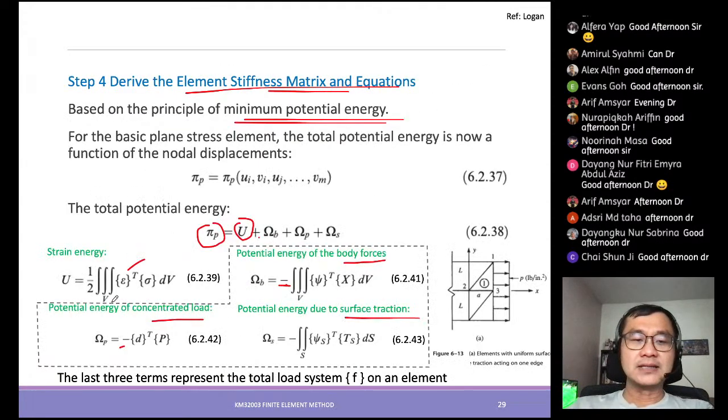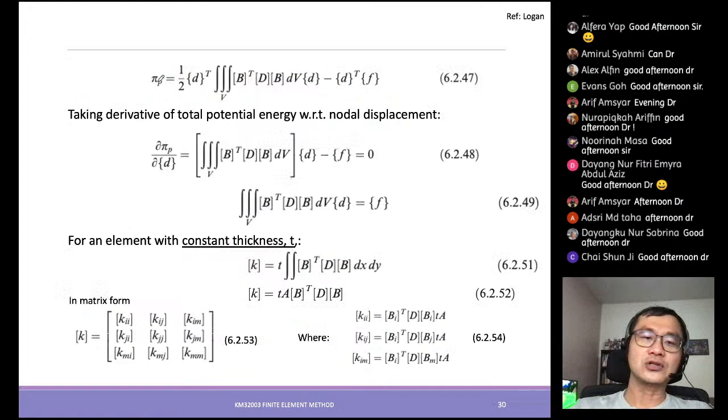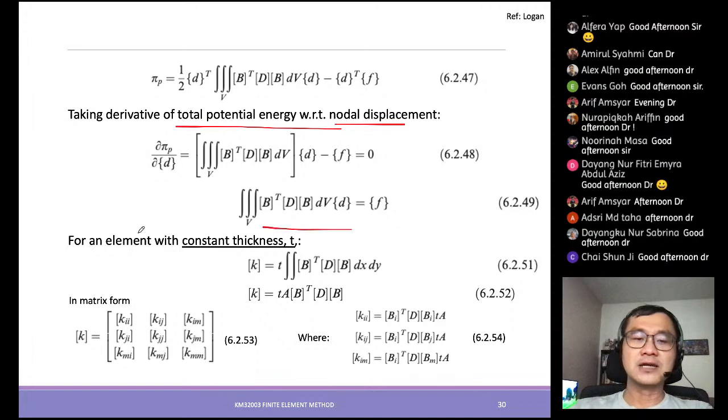Based on those equations, we just plug them in to get the total potential energy. Take the derivative with respect to the nodal displacement, then apply the thickness. Remember, for the plane stress problem we take the thickness, and for the plane strain problem we take the unit thickness.